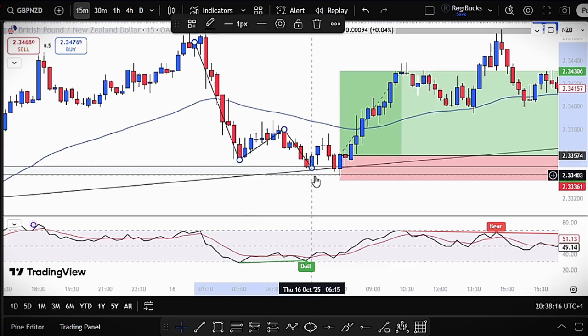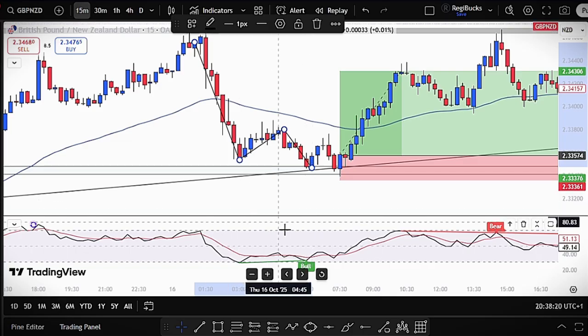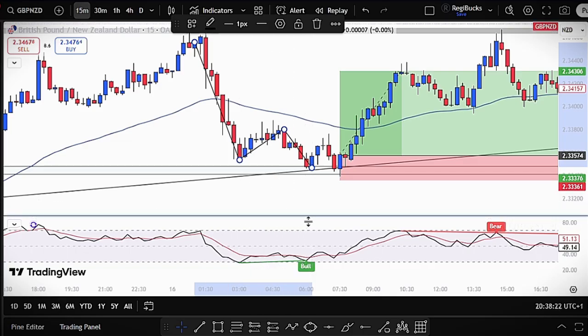And on this point, we had a bullish divergence. Now, a bullish or bearish divergence, I'll explain it. A bullish divergence is basically when price is making lower lows, but the RSI is making higher highs. That's a bullish divergence. While a bearish divergence is basically when price is making higher highs, but the RSI is making lower lows.